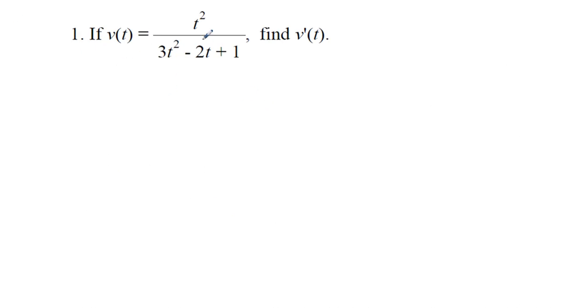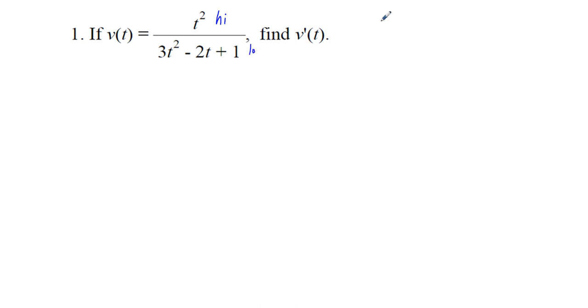One, if v of t equals t squared over 3t squared minus 2t plus 1, find v prime of t. And so for this, I'm going to organize the numerator as high and the denominator as low.